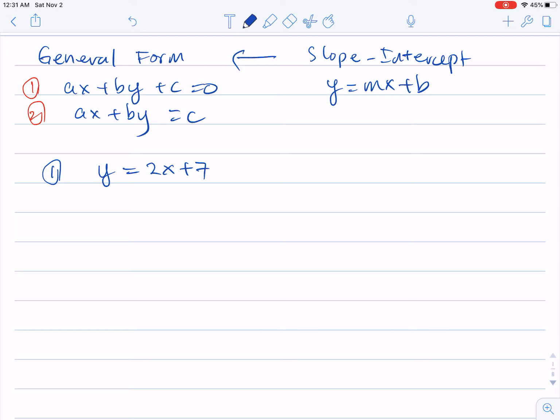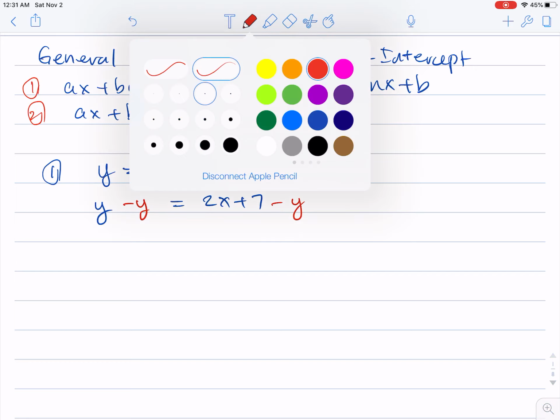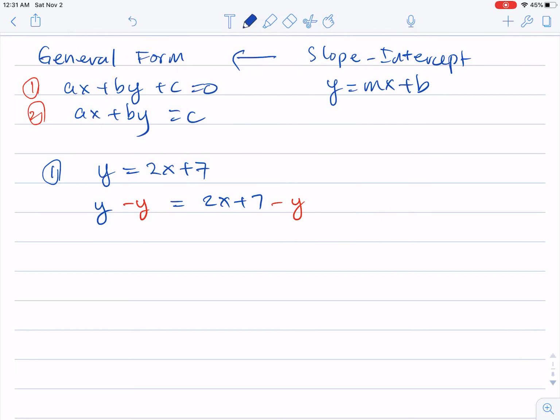Pinakamadali dyan is to subtract y from both sides, di ba? So y equals 2x plus 7. Pag nag-subtract tayo ng y from both sides, magiging 0 na yung nasa kaliwa, no? So this becomes 0, no? And this becomes 2x plus 7 minus y.